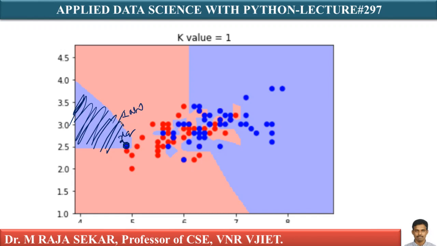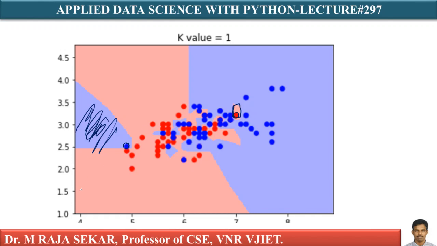With one nearest neighbor, just because of one data point, because of this particular blue point, my whole area got marked as blue, isn't it? Similarly, if you observe carefully, because of this just one red point, this region is marked as red, isn't it? Because as k value increases, let's see what happens.